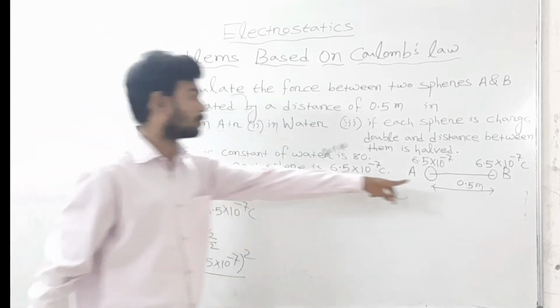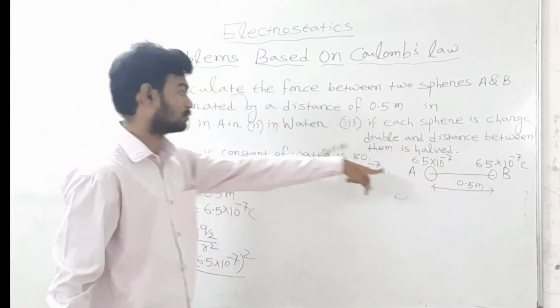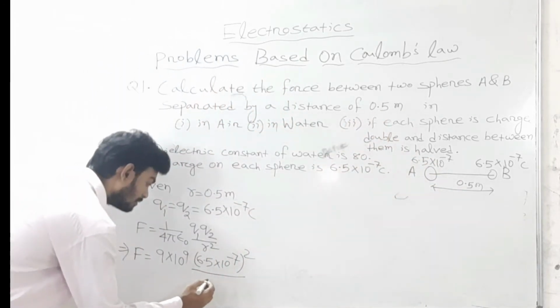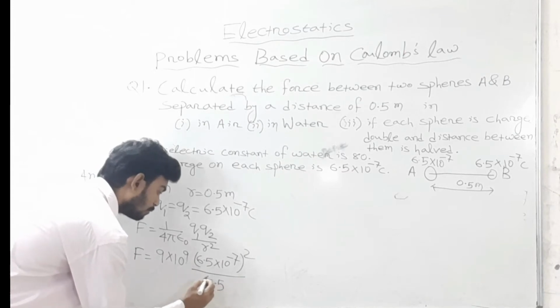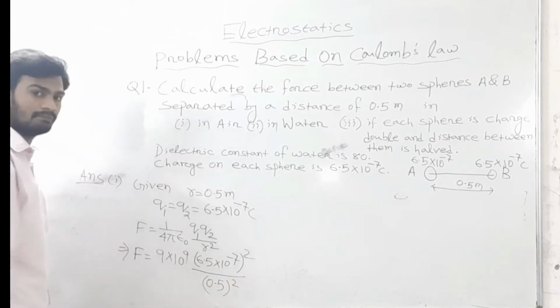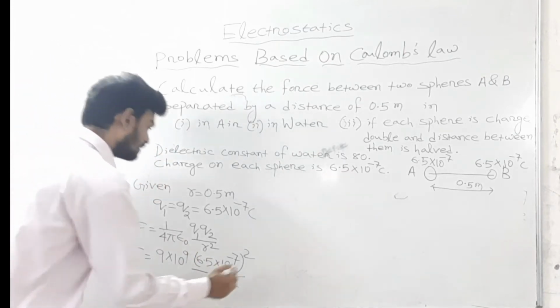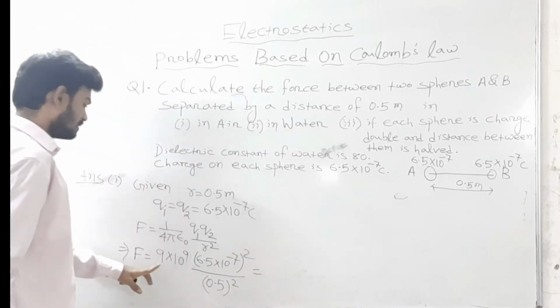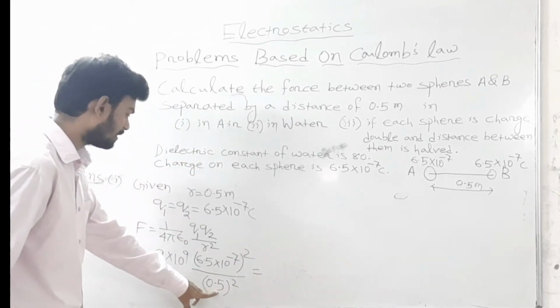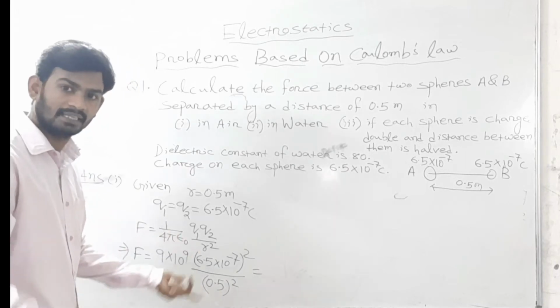R is 0.5 meter, so 0.5 whole square means 0.25.